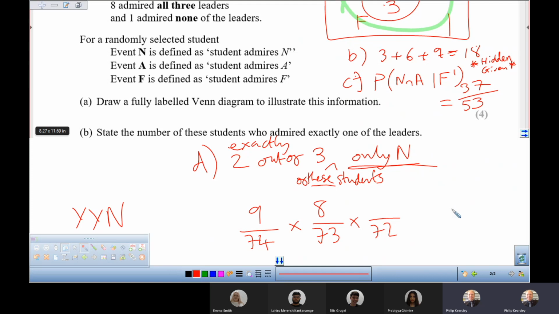Which means it would then be 7. But it's a no. We don't want that person, because we only want 2 of the 3 to satisfy the criteria. So how does that leave? Doesn't matter which subtraction you do, 9 away from 74, 8 away from 73, or 7 away from 72, you're going to get 65. The last person cannot satisfy that criteria of only N.